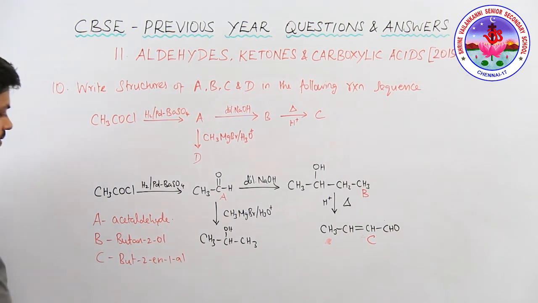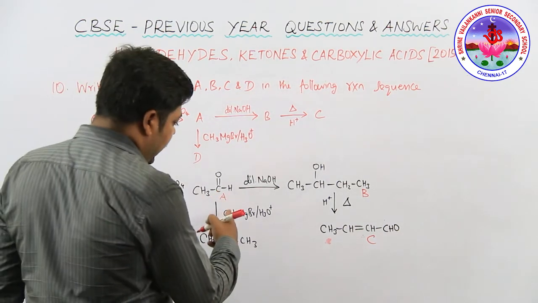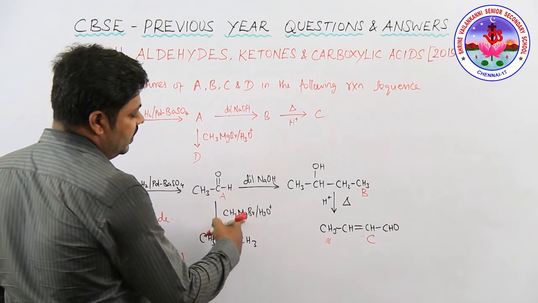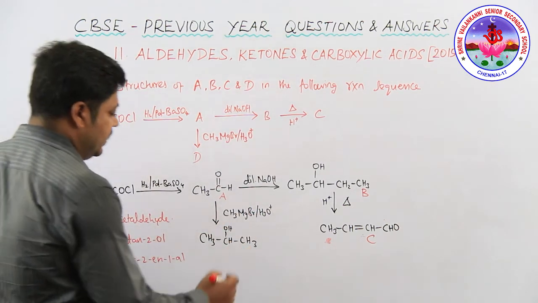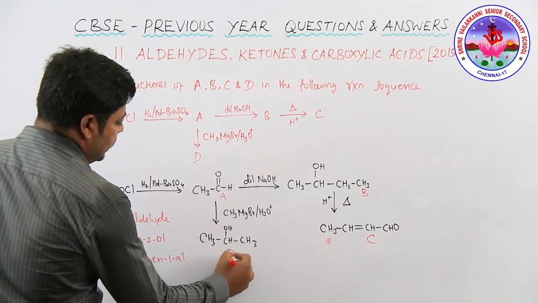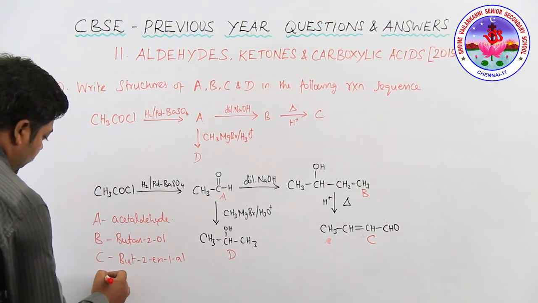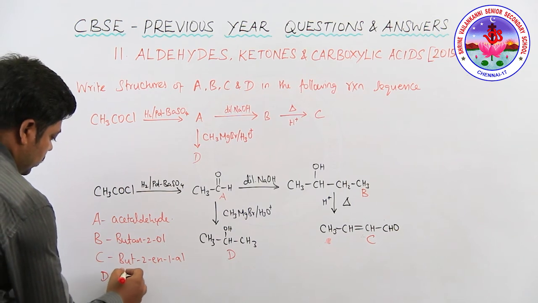Then this A reacts with the Grignard reagent, methyl magnesium bromide, in the presence of acid to give D, that is propan-2-ol, or simply isopropyl alcohol.